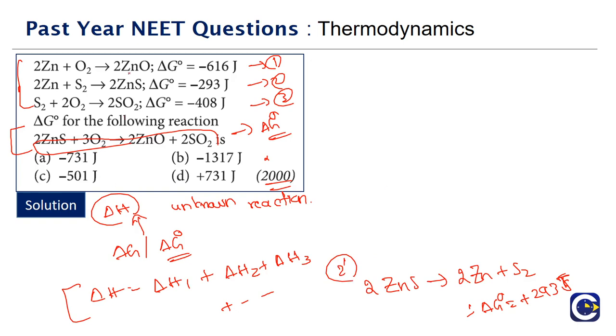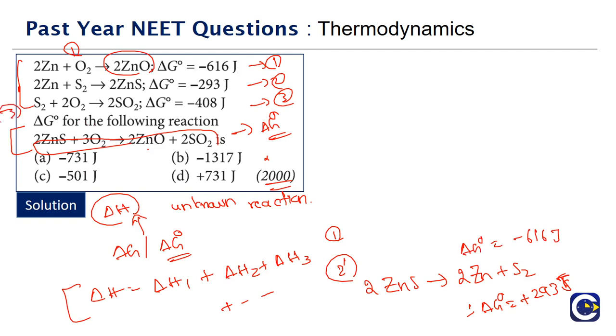Then if you see first reaction, in first reaction 2 moles of ZnO is there. Final reaction also we have 2 moles of ZnO. So first reaction is going to be as it is. We are not going to modify it. Okay. So for this what is the del G naught? First reaction, it's minus 616 joules, as it is, no change in that. And the third reaction will also be as it is.